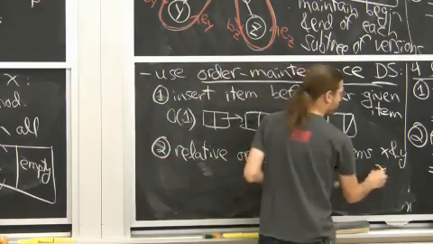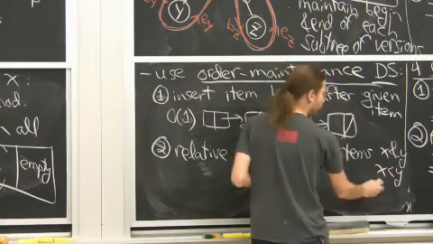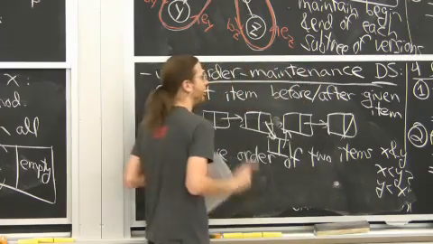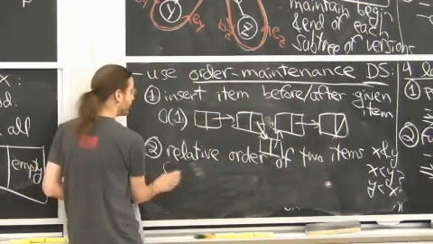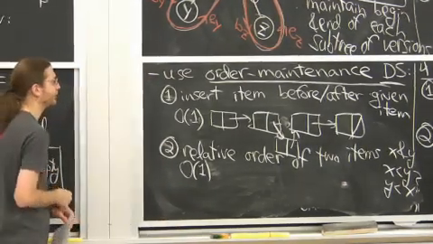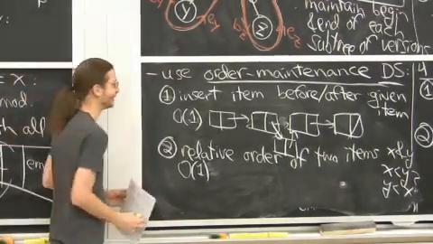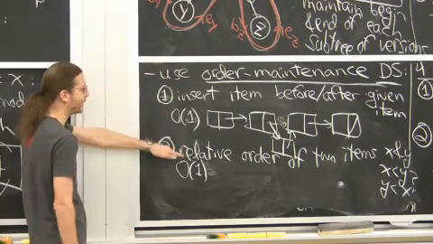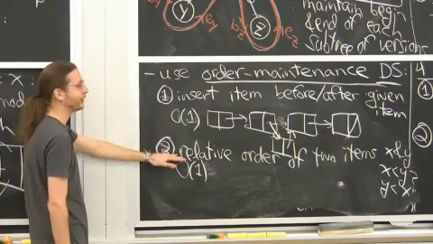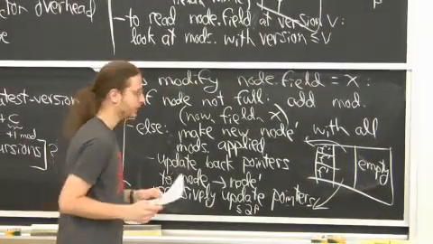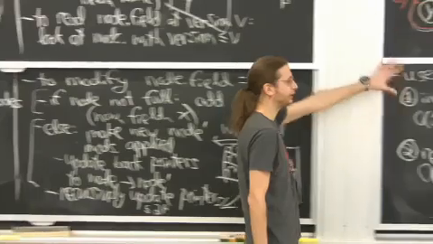I want to know, is x less than y in terms of the order in the list, or is y less than x? And an order maintenance data structure can do this in constant time. Now it doesn't look like your mother's linked list, I guess. It's not the linked list you learned in school. It's a magical linked list that can somehow answer these queries. How? Go to lecture 7. Okay, forward reference. Lecture 8, sorry. For now, we're just going to assume that this magical data structure exists.